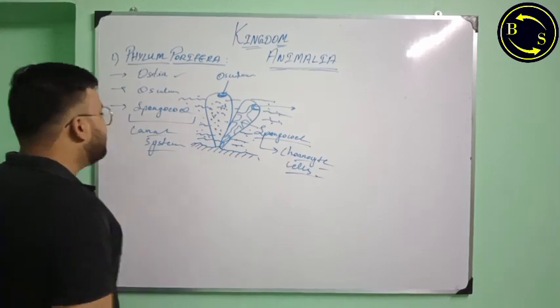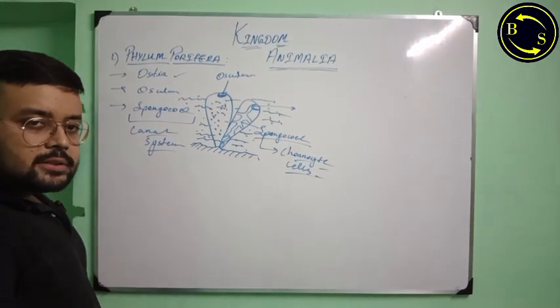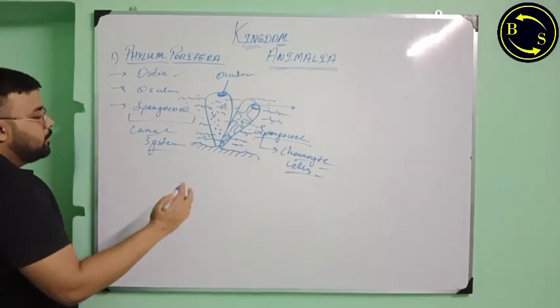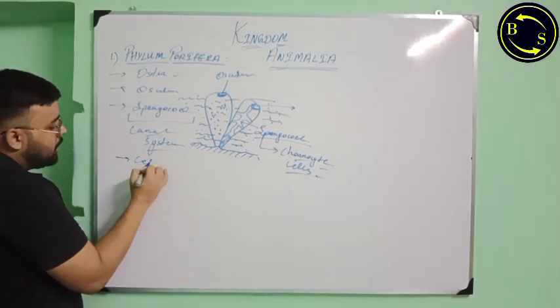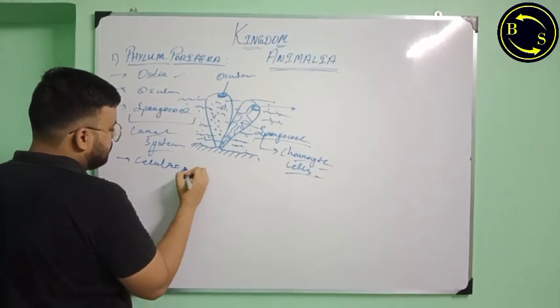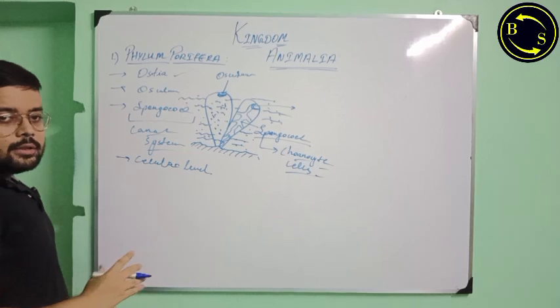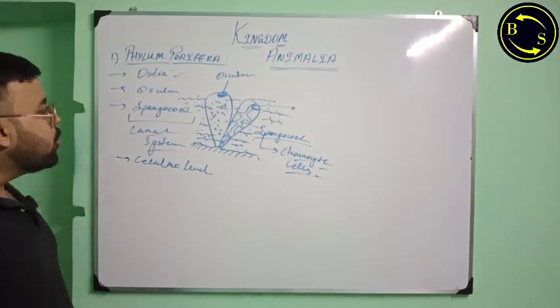So they are filter feeders, and this is initiated by the canal system. They do not have tissues, they have cellular level of organization. They do not have muscles, they do not have any organs for locomotion.